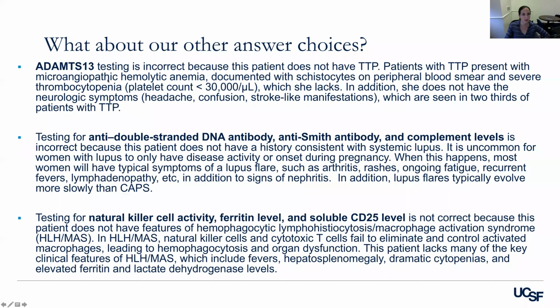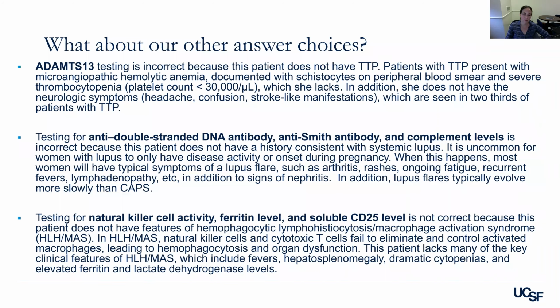So that would be unlikely in this case to help us with the diagnosis. Testing for ANA subserologies, because we know the positive ANA in this patient. Certainly it wouldn't be incorrect to send these, and we all would, but overall her history is really not consistent with systemic lupus, and there would be a higher index of suspicion at this time for CAPS than for a severe lupus flare based on everything that we know about this patient.